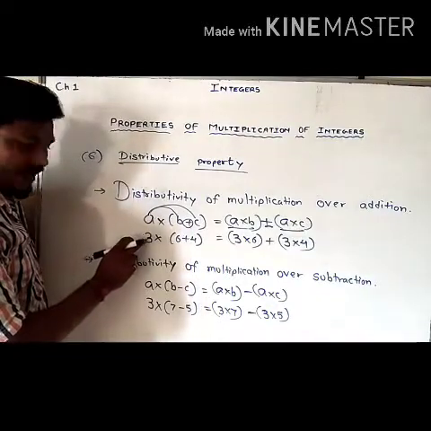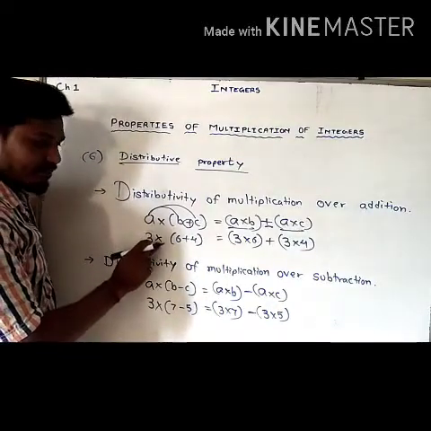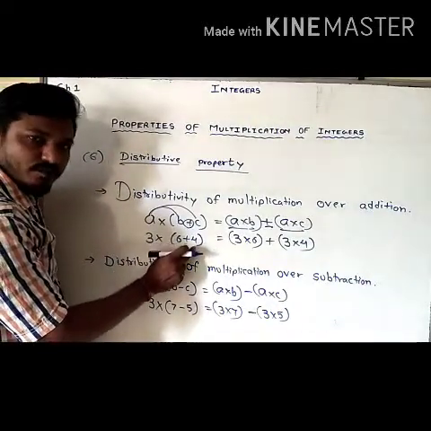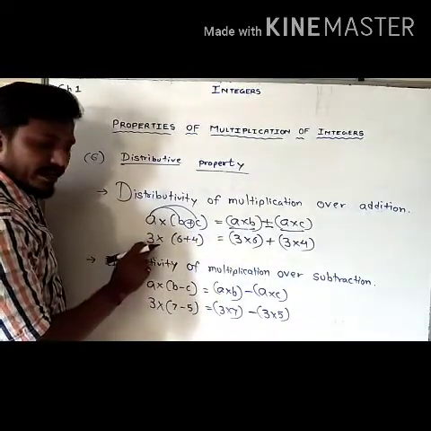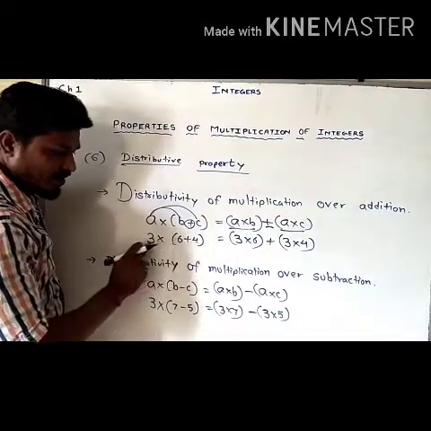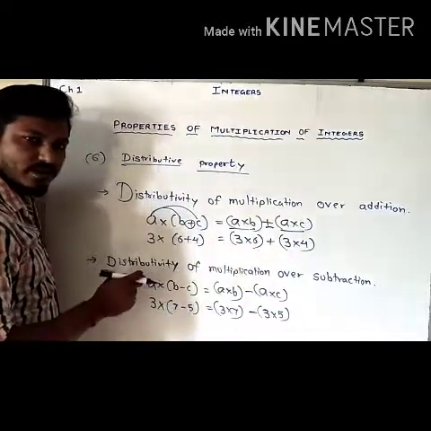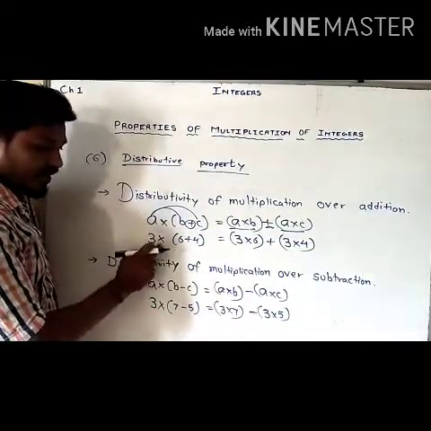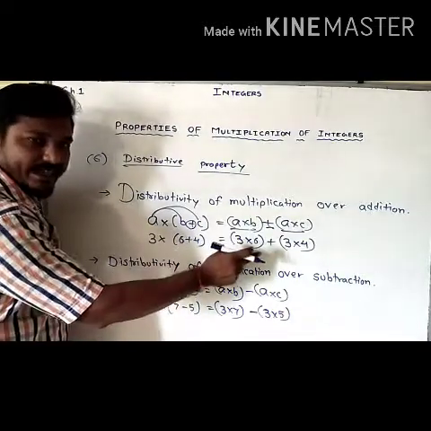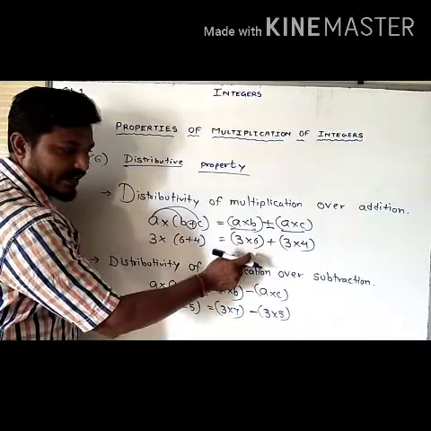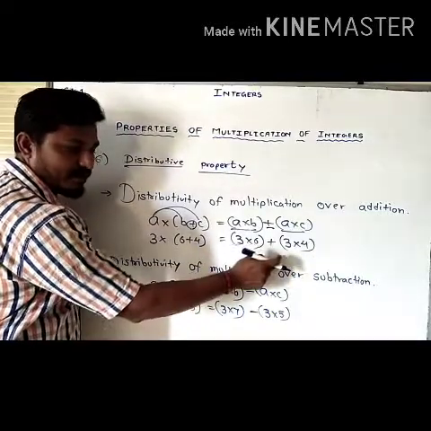See, with the example, 3 multiplied by (6 plus 4) is always equal to 3 into 6 plus 3 into 4. How? See, 6 plus 4 is 10 and 10 3s are 30. And check the value on that side. 3 6s are 18, 3 4s are 12, 18 plus 12 is 30.